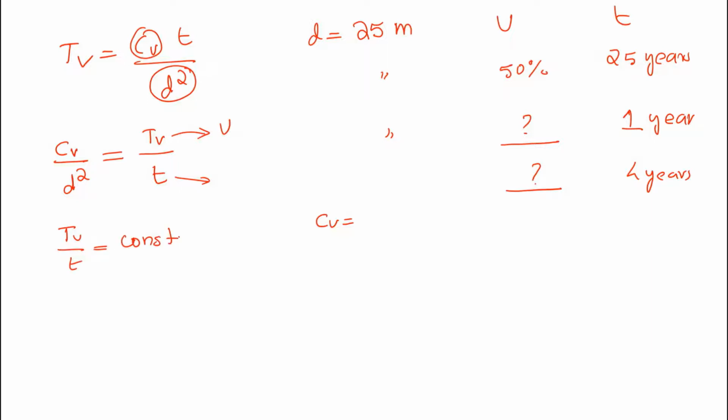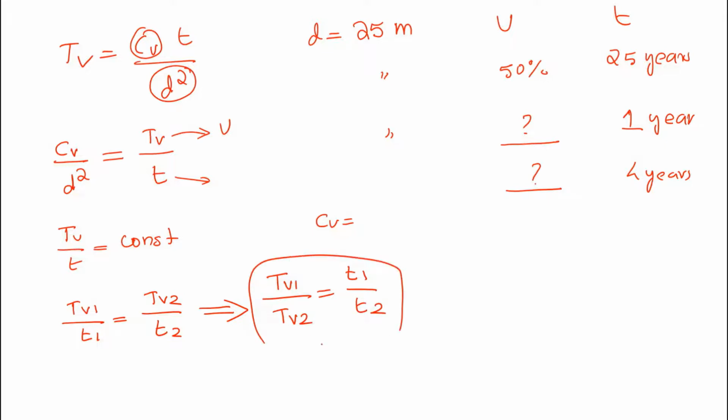Tv/t is a constant. So I can write Tv1/t1 = Tv2/t2, right? Or from this equation, I can write Tv1/Tv2 = t1/t2. So let's keep this as equation number 1.